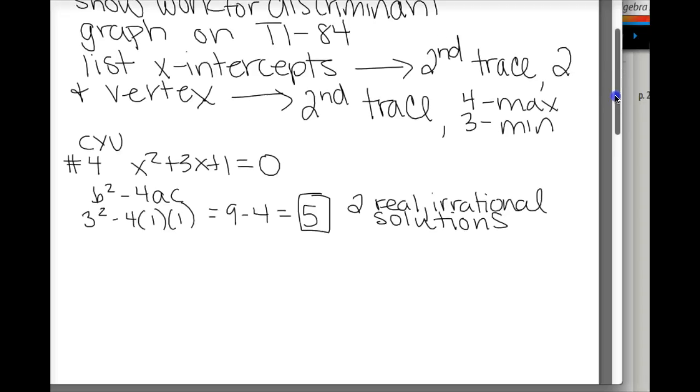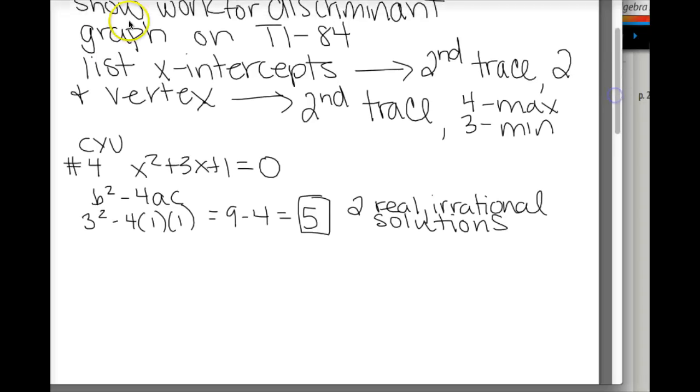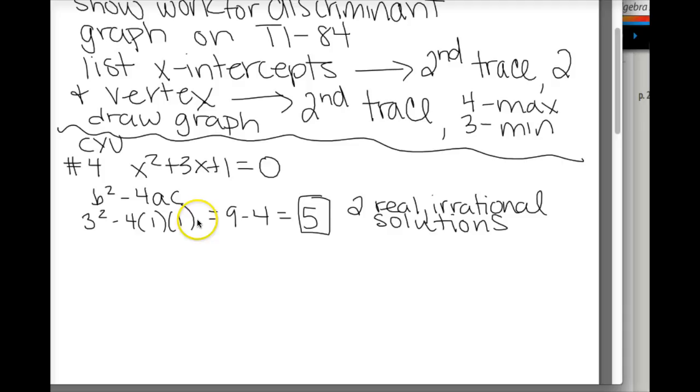Then I need to graph the function on my graphing calculator, list the x-intercepts and the vertex, and then I forgot to write, actually draw the graph labeling those points. So here are my instructions. Here is my work.